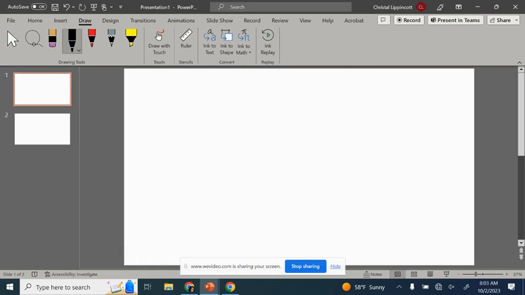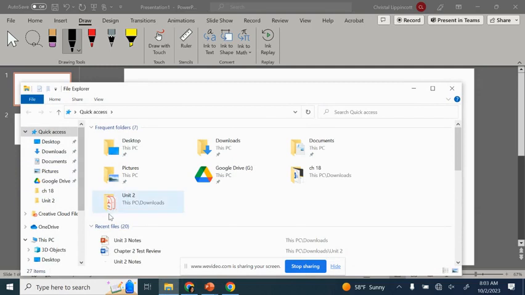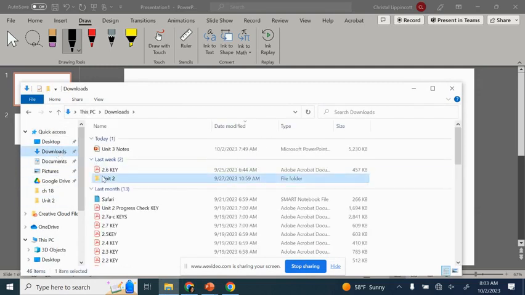Progress check question. Can you do FRQ, C, and D? FRQ, C, and D. Let me see if I have those files on here. It'd probably be easier to pull it up and look at the files. Downloads, Unit 2.